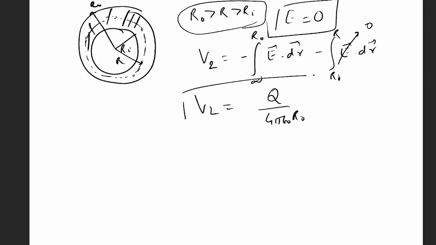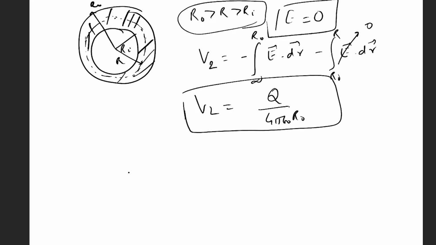So the potential in the meat of this conductor is Q by 4 pi epsilon naught R naught, which is a constant since it is an equipotential.